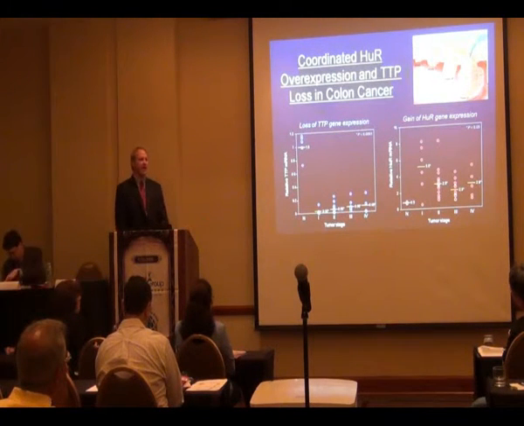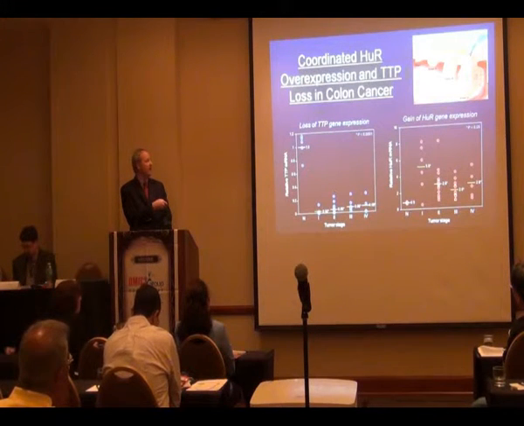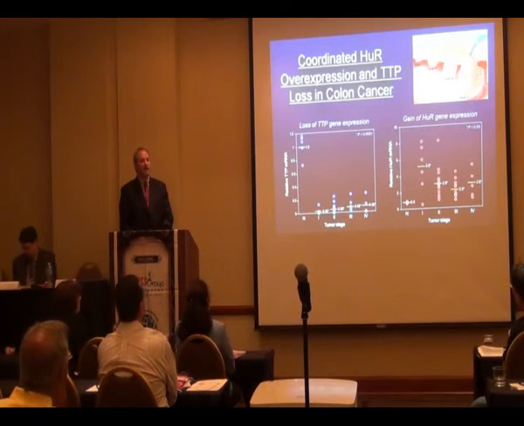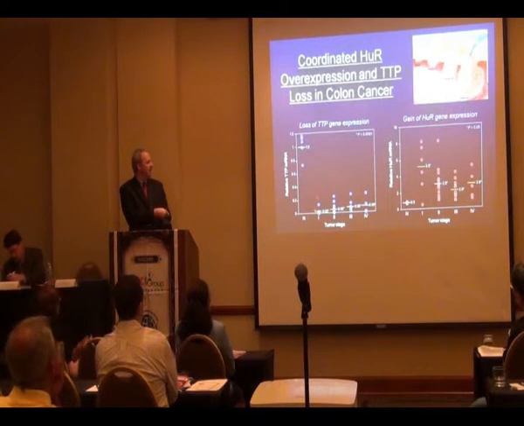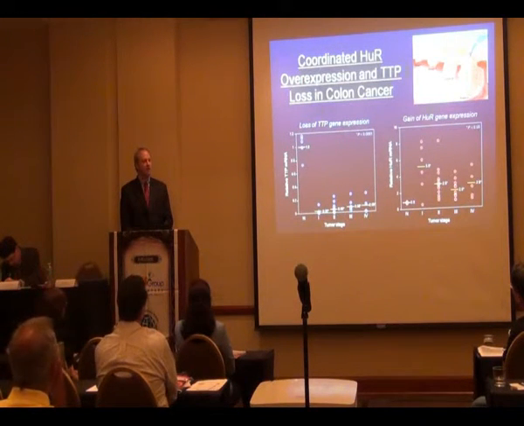And so we went ahead and paneled, at least shown in here by RNA analysis, normal versus staged colonic tumors, and this is just indicating graphically what the tumor staging might indicate. And shown over here is TTP gene expression. We can see very robustly here that TTP mRNA expression in the colorectal tumors is lost.